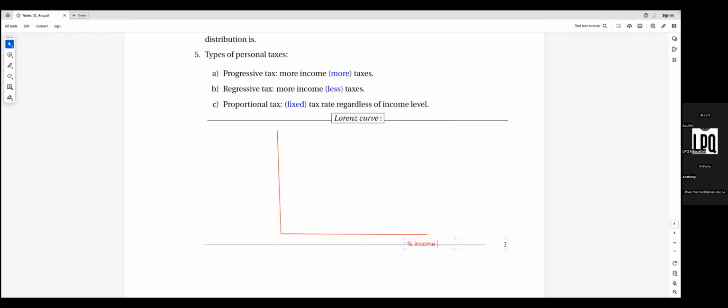We label here by percentage of the household. Once again, I rank everybody in Canada, in your country, based on their income level.